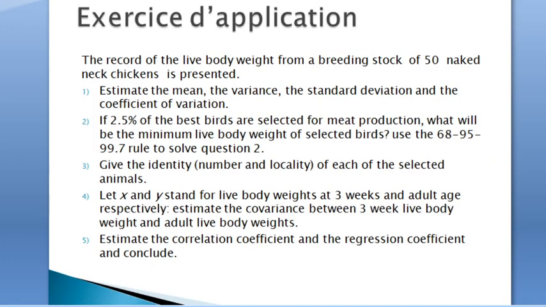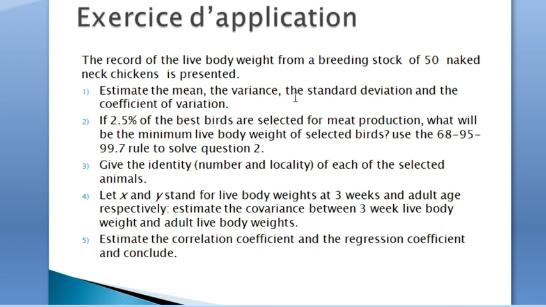Okay, now here is a problem that covers almost all the topics that we just reviewed on statistics, and I'm going to give it to you. It reads thus: the record of the live body weight from a breeding stock of 50 naked neck chickens is presented. Question 1.